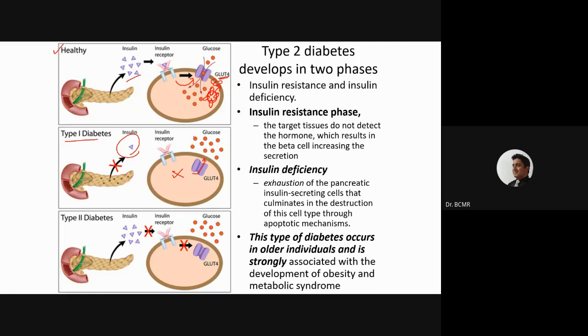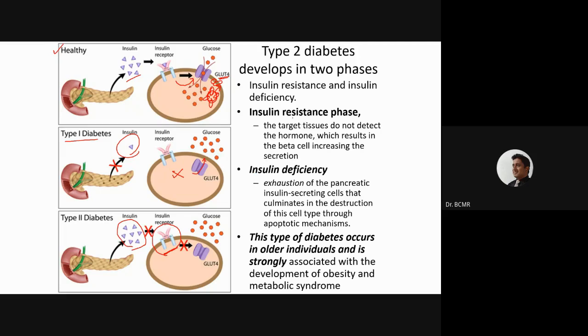In type 2 diabetes, as we said, it's not the lack of insulin. Insulin is present in high quantity, but there is something wrong with the way the target cells respond. They are unresponsive to insulin concentration, that is insulin resistance.